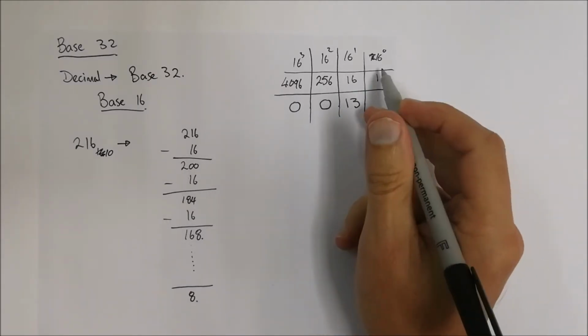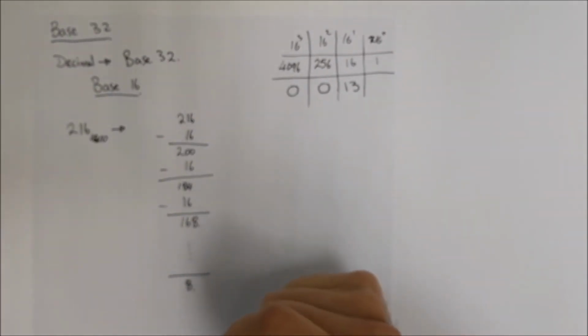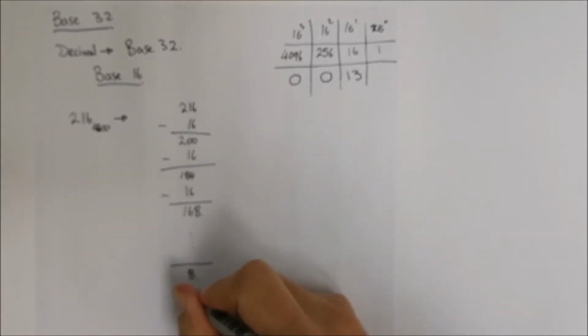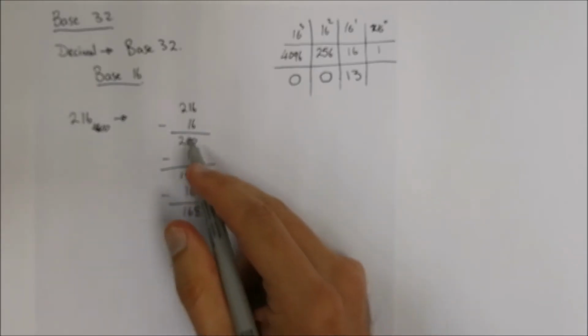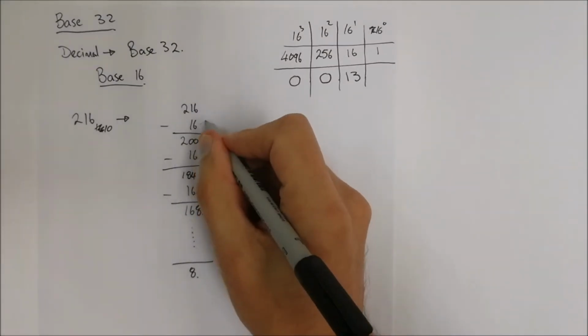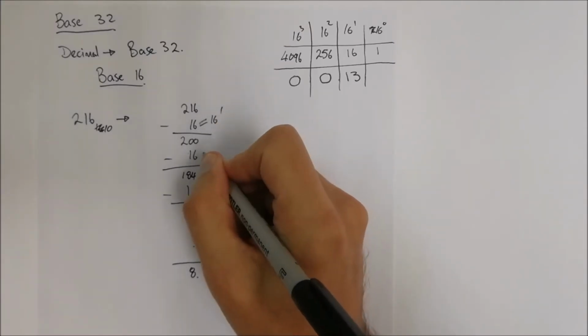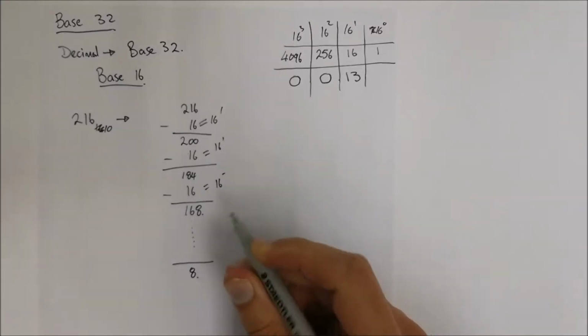We're then going to be looking at the next number over there, and we're going to say, well, does 1 go into 8? Yes, it does. How many times? It goes 8 times. So we're now going to be subtracting 1. Every time we're subtracting 16 over here, remember that that is equivalent to 16 to the power of 1.